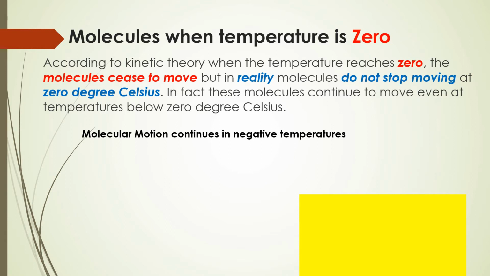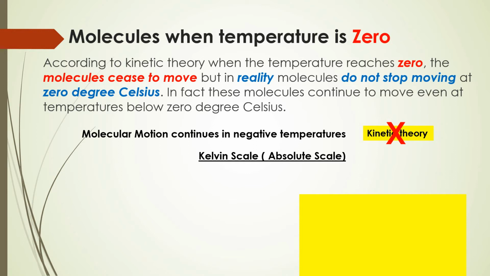Since molecular motion continues at negative temperatures, that is below 0 degrees Celsius also, kinetic theory doesn't apply over here. So kinetic theory fails according to the Celsius scale. Therefore, scientists came up with another scale, known as the Kelvin scale, or it is also called the absolute scale.